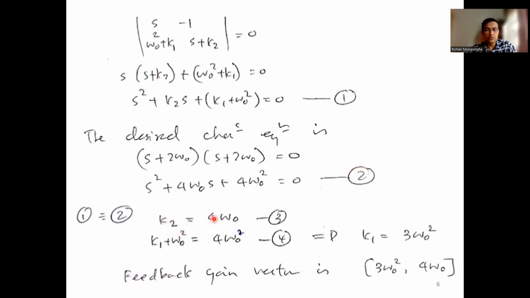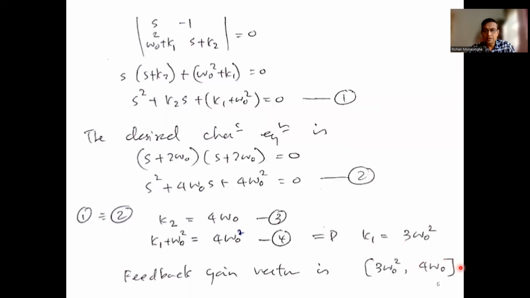K2 is equal to 4 times omega 0. Omega 0 you already know, right? That is square root of G over L multiplied by 4. And that is your gain K2, state gain K2. Then the other one is K1 plus omega 0 square is equal to 4 omega 0 square. Then you know K1 is 3 omega 0 square.